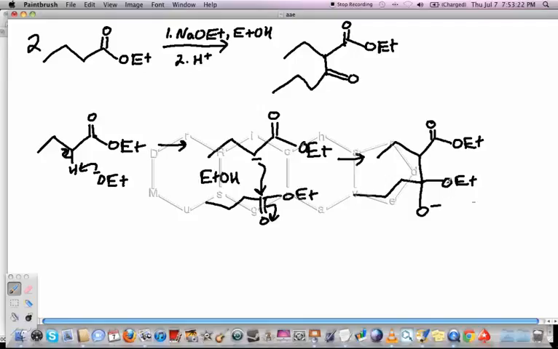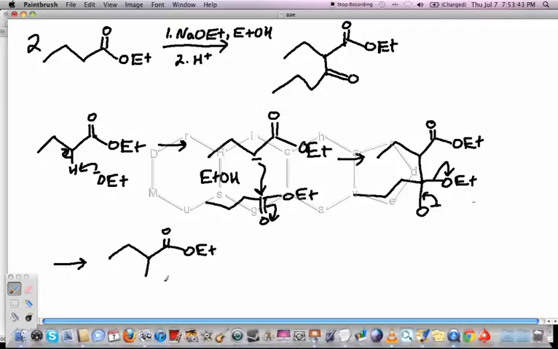Now this is where things get a bit different than what happened with the aldol. Now because we reacted an ester, the negative from the O comes down and kicks out the OEt. And we end up getting what looks like our product.